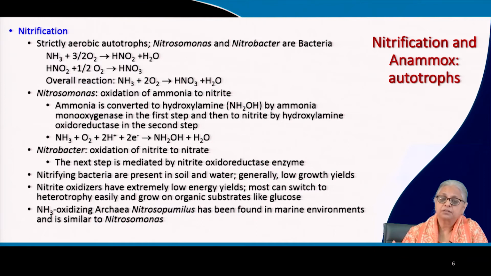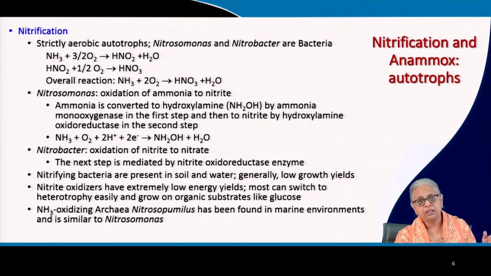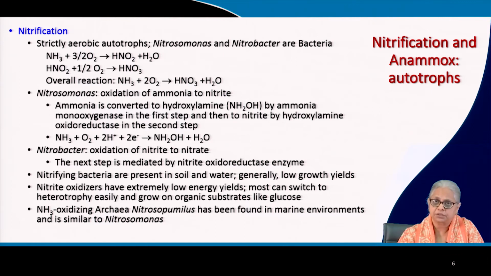This second step in the entire conversion, with ammonia being the most reduced form of nitrogen and nitrate being the most oxidized form, that is the entire gamut of the nitrogen species, so to speak. The next step is mediated by nitrite oxidoreductase enzyme.